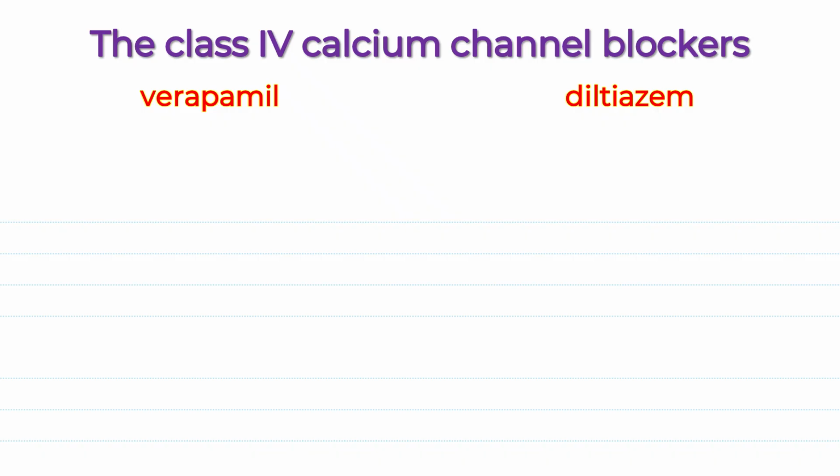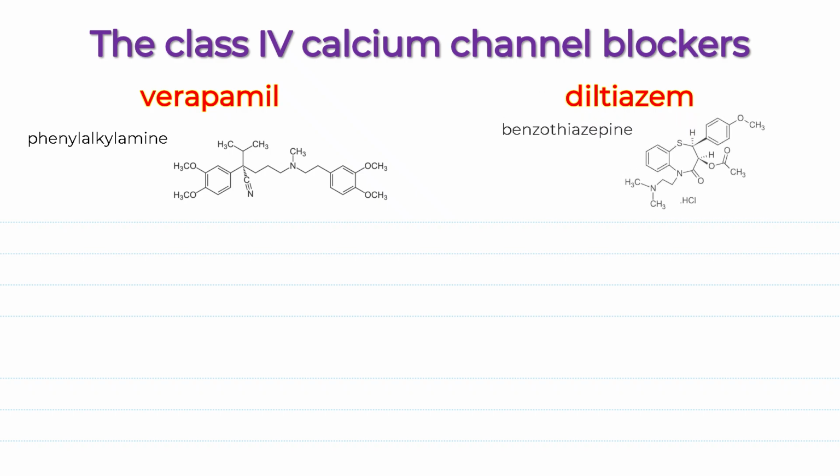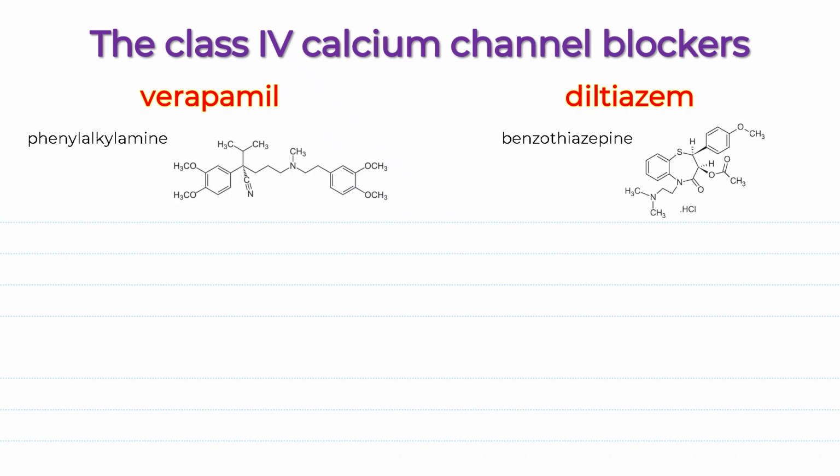Verapamil, shown on the left, is a phenylalkylamine, while diltiazem on the right is a benzothiazepine. Their overall structures are quite different, but both contain a similar pharmacophore, an aromatic ring linked to a nitrogen atom, which allows them to interact with the same region of the calcium channel where their binding sites overlap.